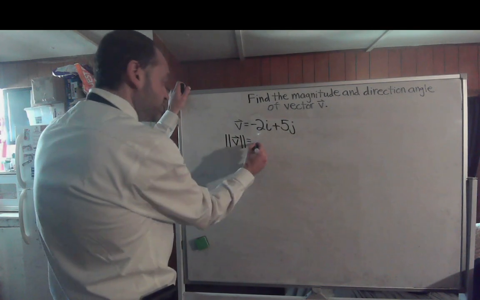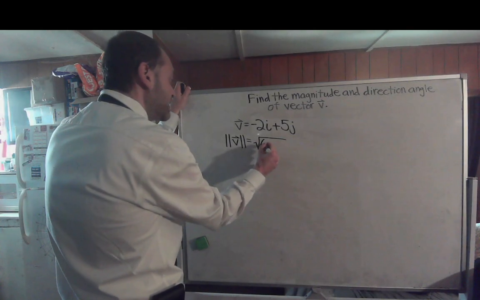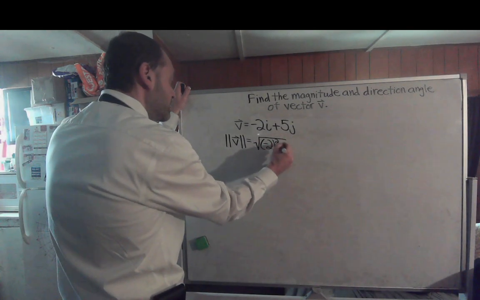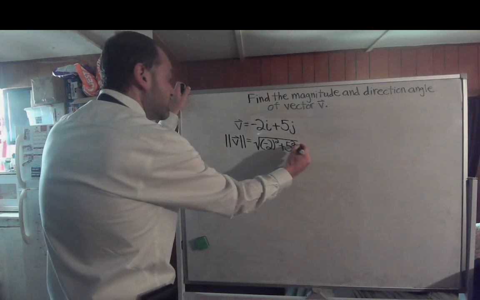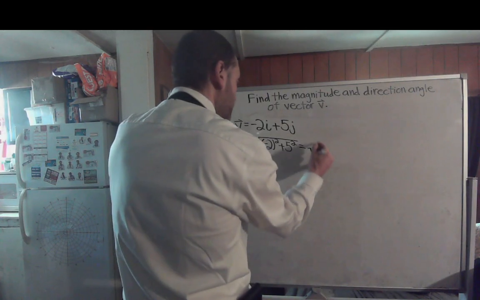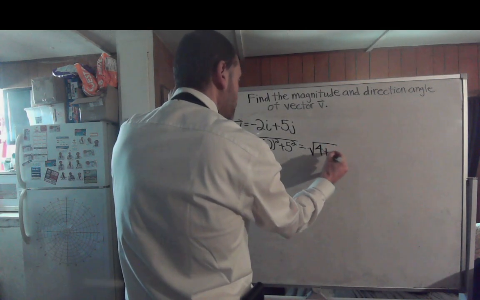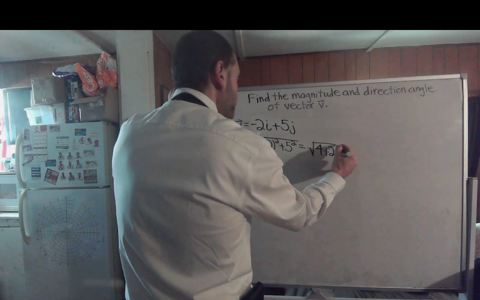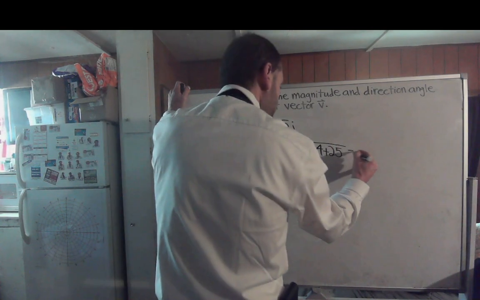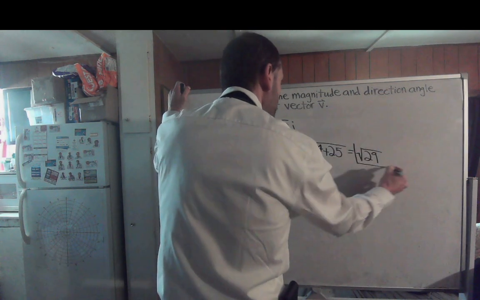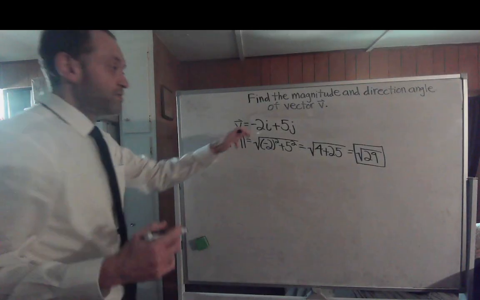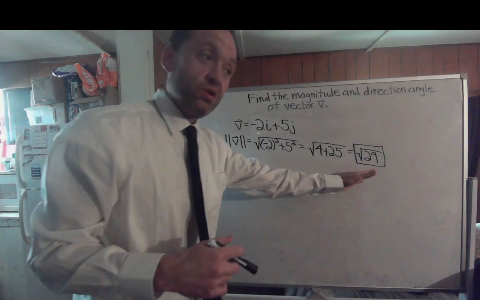Magnitude is equal to the square root of negative 2 squared plus 5 squared, which would turn into the square root of 4 plus 25, giving you the magnitude of the vector to be the square root of 29. So the magnitude of vector v ends up being the square root of 29.